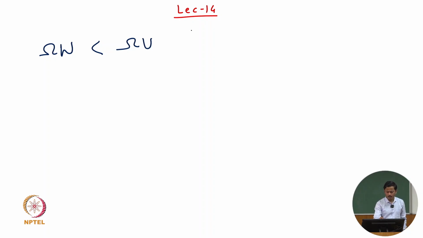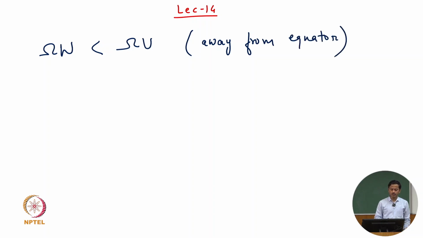So this is true away from the equator, because near the equator the f star term, which is 2 omega cos theta, becomes large. So we'll just consider motions away from the equator at this point. So this term is smaller than the omega u term.